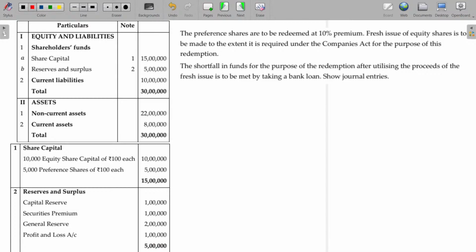It's a comprehensive illustration. You have to pass the entry and then prepare the ledger and balance sheet.